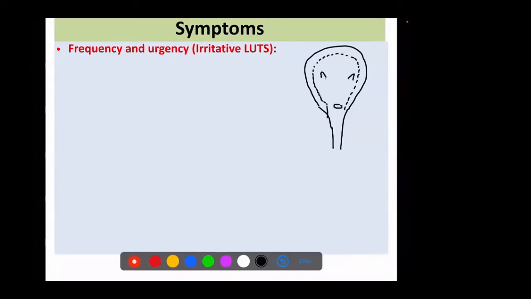So the area between the two ureteric orifices and the neck of the bladder, this triangular area, is known as the trigone, the internal trigone.